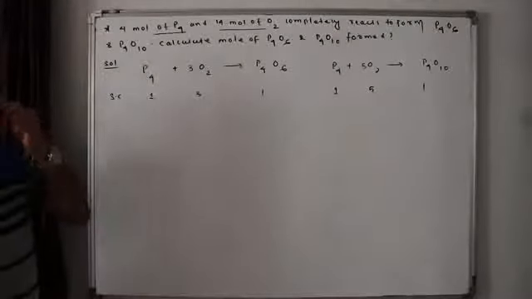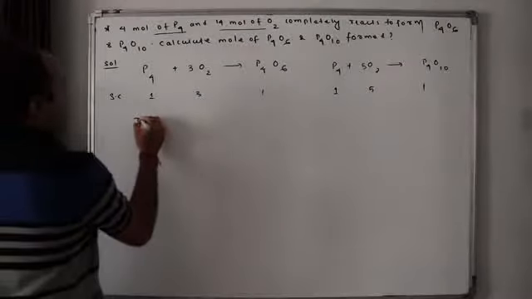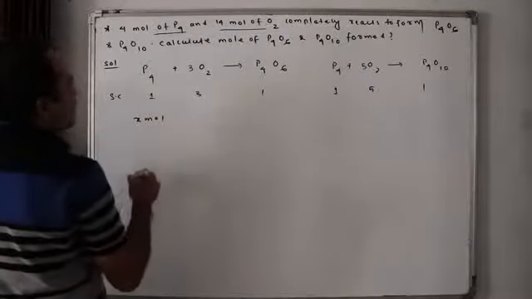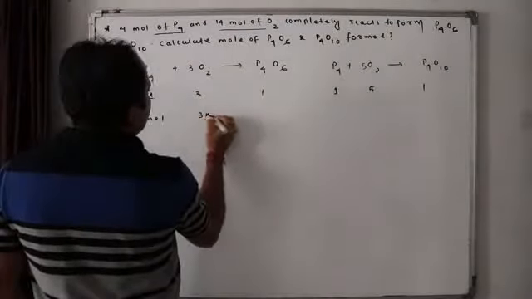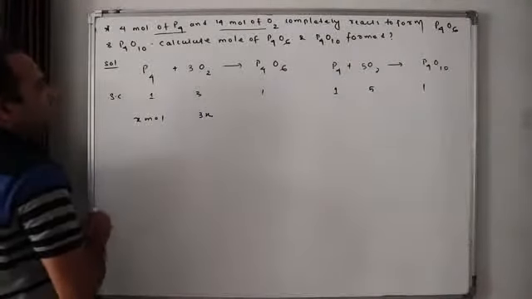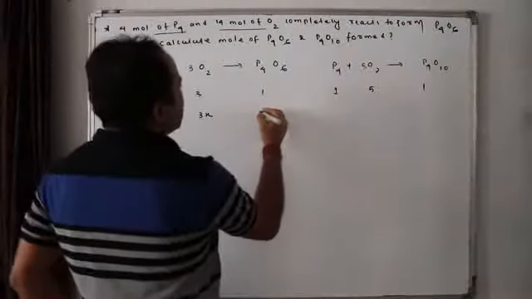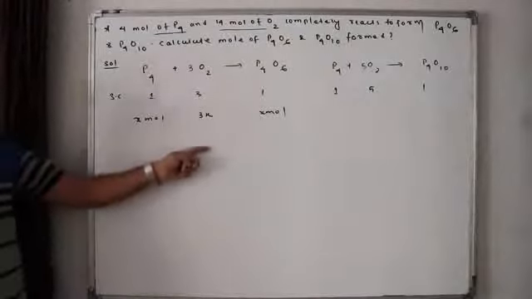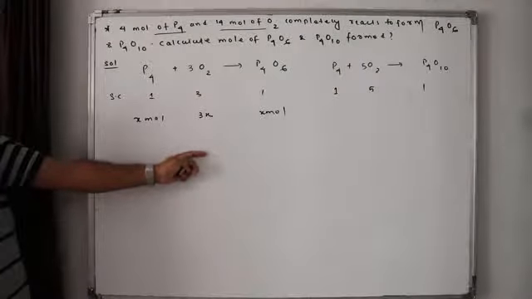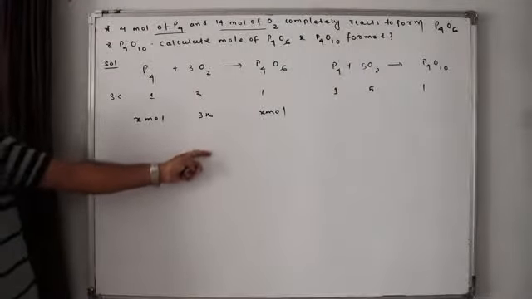Now tell me, if x mole of P4 is used, then 3x mole of O2 is required, and here x mole is formed. Doubt? Say yes or no. Clear? x mole requires 3x mole.